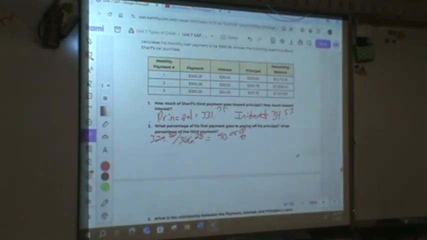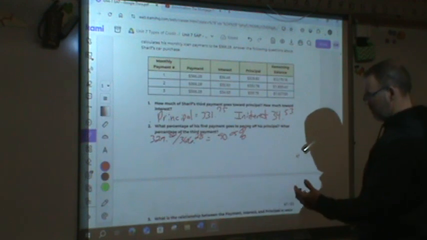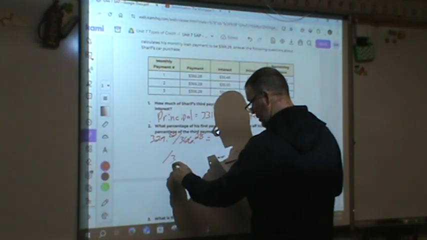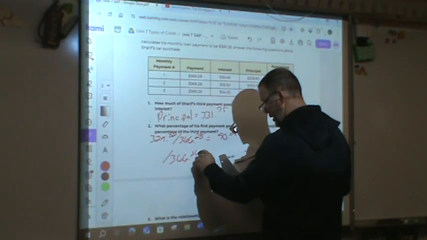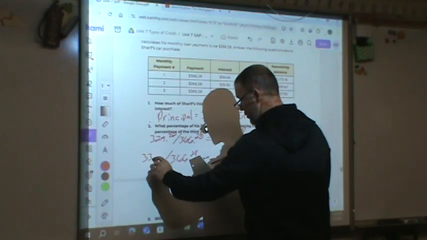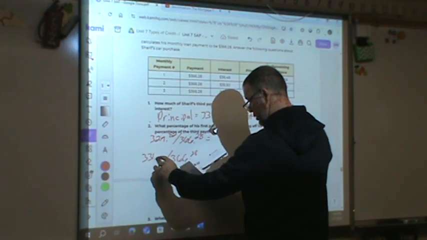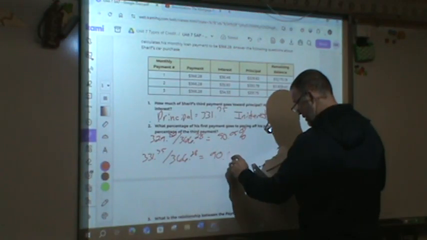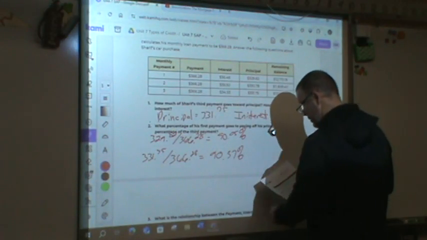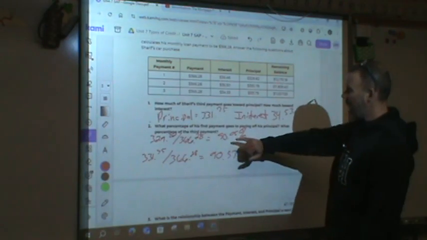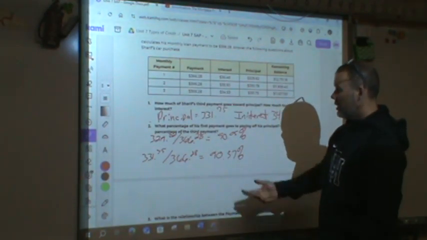Okay, so only 90% of what he pays actually goes to pay off the loan. What about his third payment? Well, we would do the same process, so it's still $366.28, but instead of $329, we're going to take that $331 and some change, which is 75 cents, and that's going to be 90.57%.